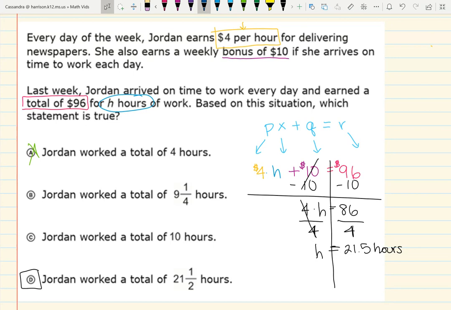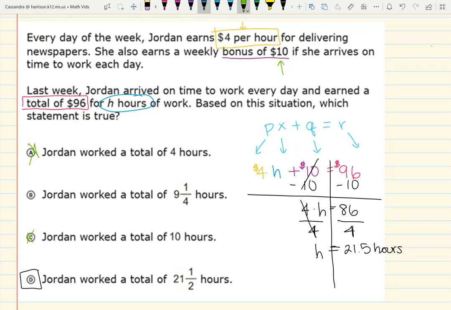Also, C is a big distractor. Jordan worked a total of 10 hours. Again, if you just see the number 10 right here and think, oh, it has something to do with 10. I call this picking and choosing when kids see word problems and they are uncomfortable. So they just grab a number and pick it and that's it. All right. So don't pick that either.